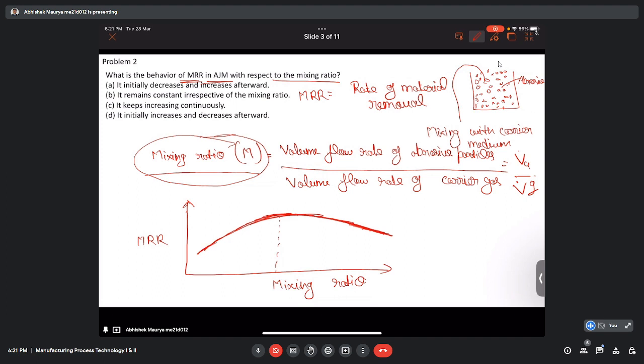So something else. Nozzle wear, yes, it is correct, nozzle wear will happen, but that is not the true reason for reducing the material removal rate.